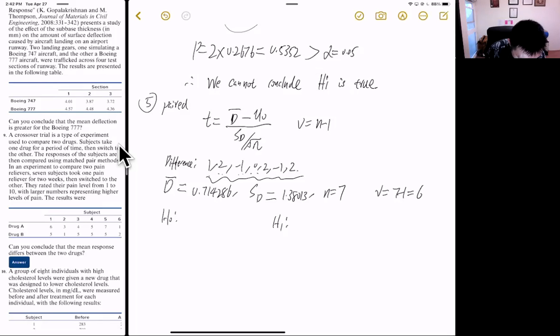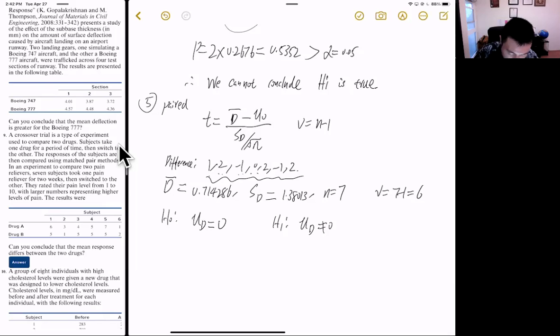H1 will be: can you conclude that the mean response differs between the two drugs? Differ means the mean value for the difference will not equal 0, because if it's equal to 0, then there will be no difference. Then H0 will be the opposite: the mean value for the difference is equal to 0.